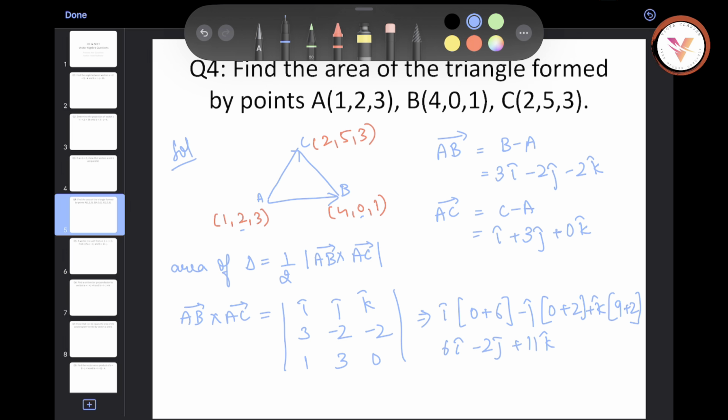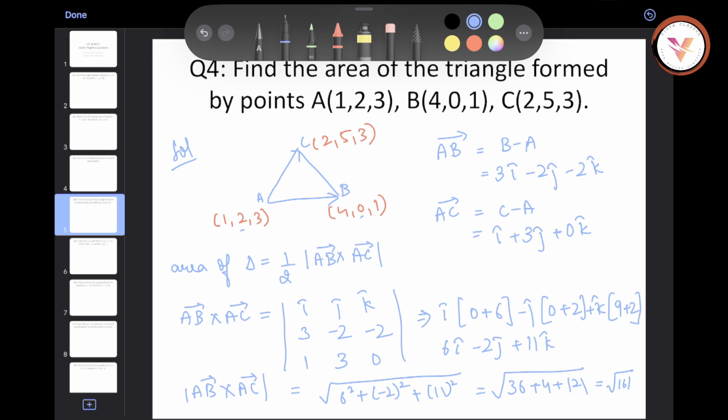And then you can calculate the magnitude. Its magnitude would be 6 squared plus minus 2 squared plus 11 squared. And it becomes 36 plus 4 plus 121, that is equal to 161.